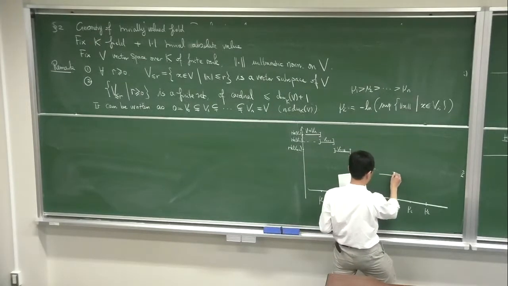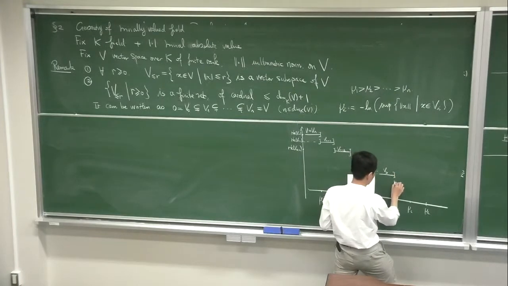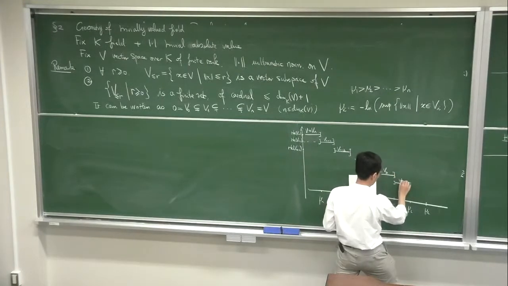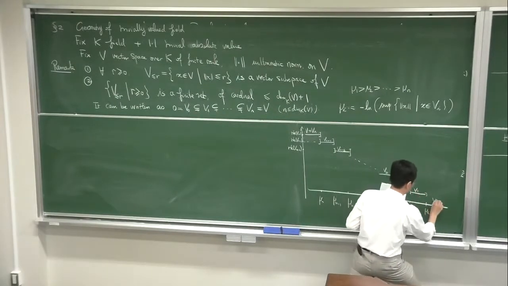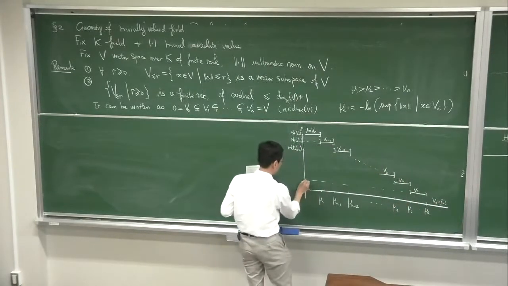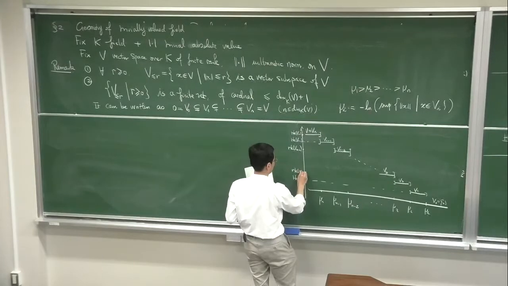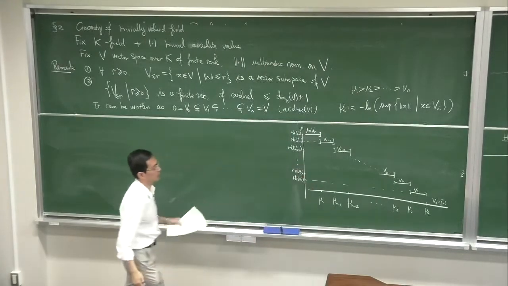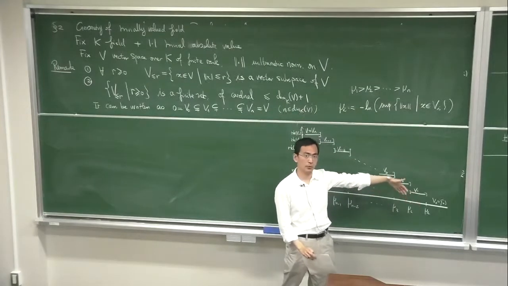And then you have V3 here, V2 here, V1 here, and finally V0, which is 0. So here you find the rank of V1, the rank of V2, etc. So you can draw a picture. You put everything in this way.